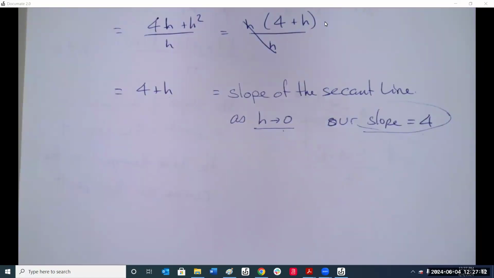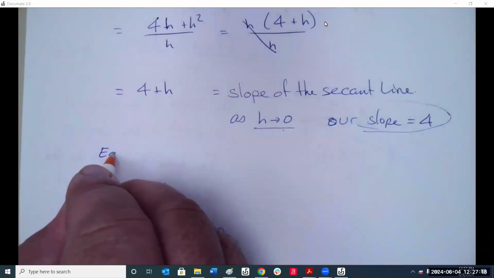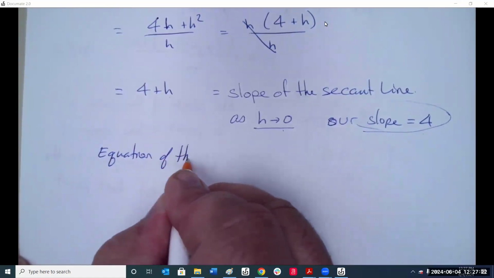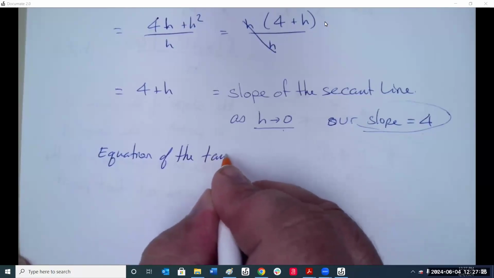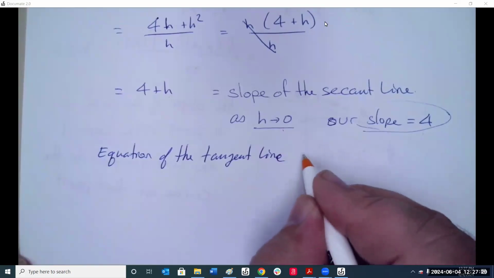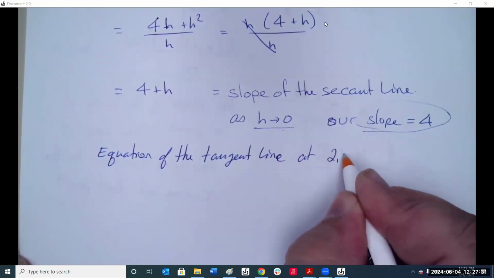Write the equation of the tangent line to the parabola at that point. So now we have to find the equation of the tangent line at the point (2, 4).